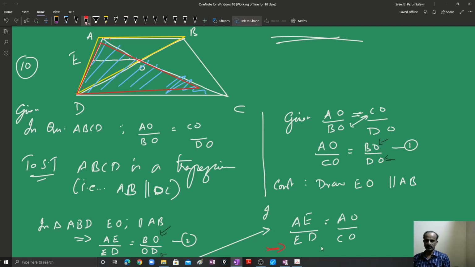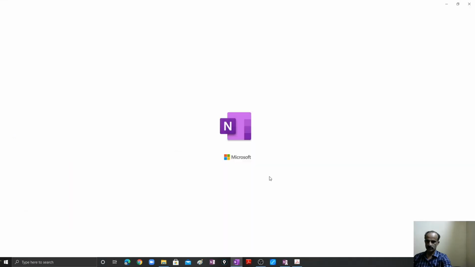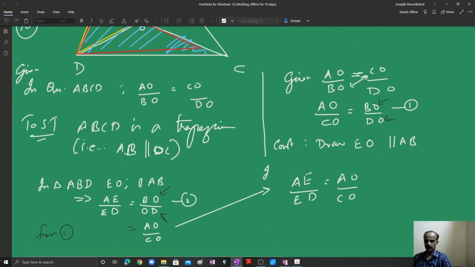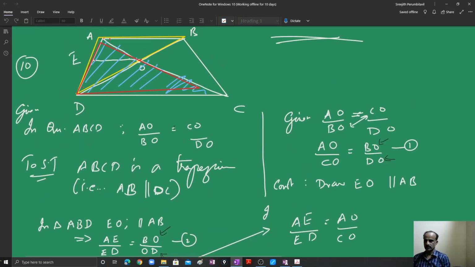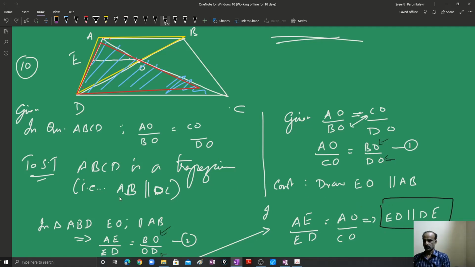This implies that in this triangle, EO is parallel to DC. Be careful. This was the situation: EO is parallel to DC. And by construction, EO is parallel to AB.